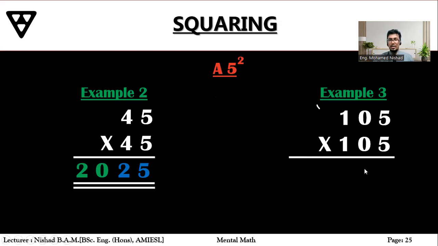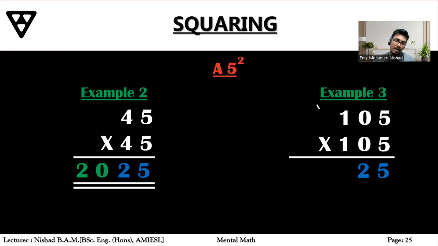Of course, we can use the previous technique that we have learned in the multiplication as well. But here, in this particular example, we are going to apply the technique that is learned in this squaring area. So then 25 will come over here always.